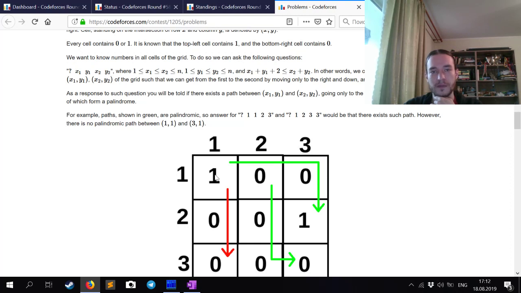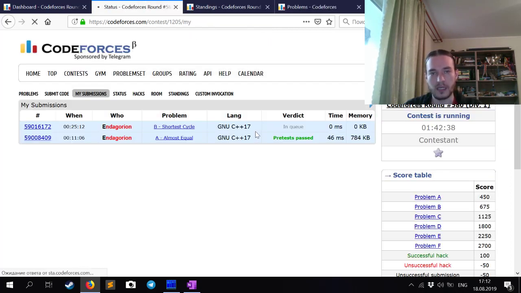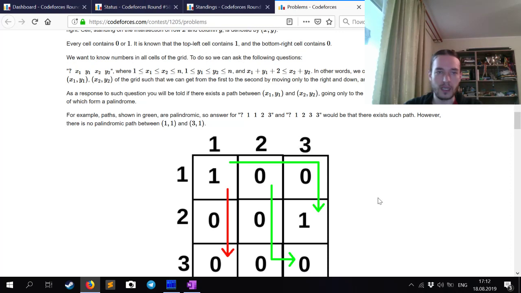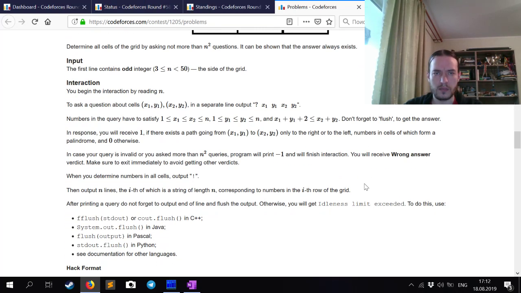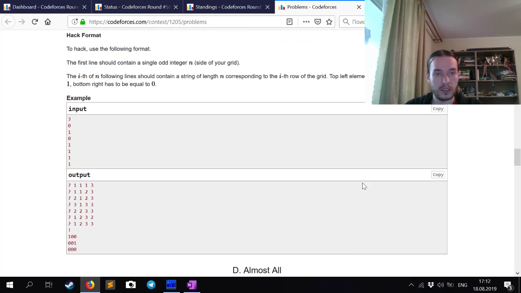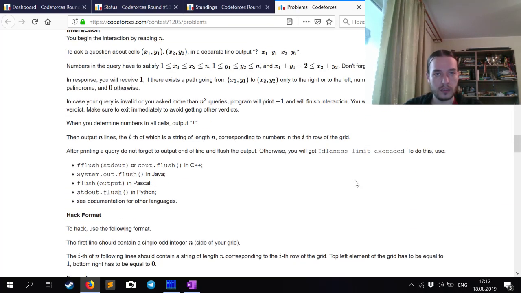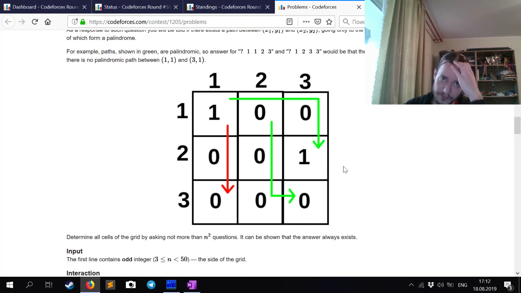And so we know this is a 1, so we can determine all the cells in these positions with both coordinates odd. And there's still q, at most n squared questions. So we know that.